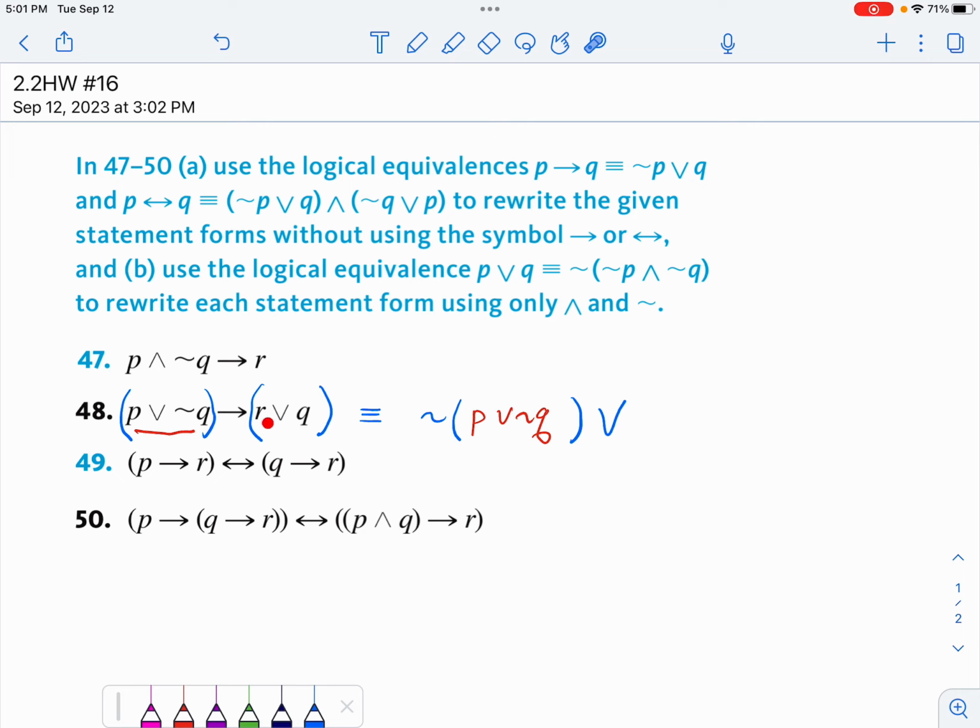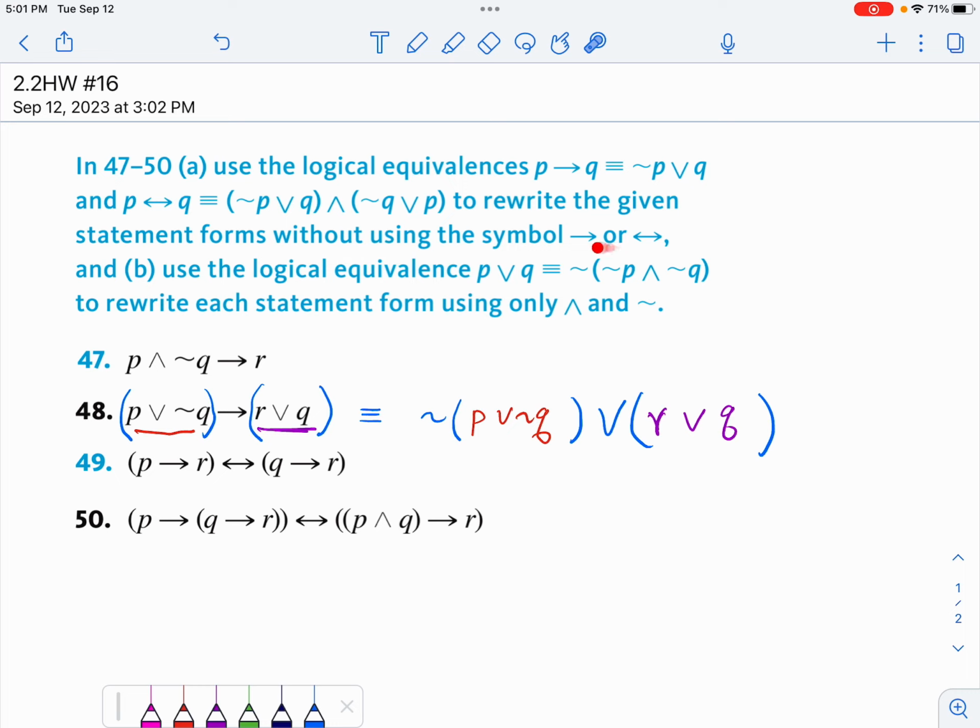So what is my second part? This is my second part. Or Q.